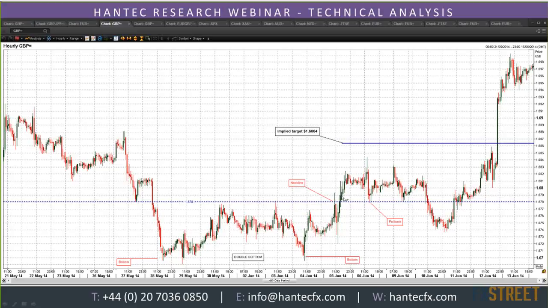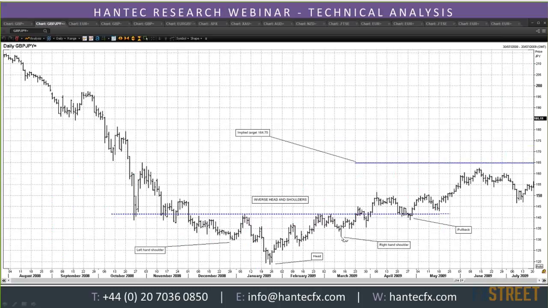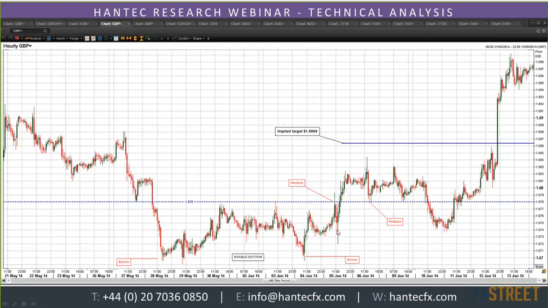But in terms of your head and shoulders pattern, it wouldn't get aborted until a move below your right-hand shoulder. On the double tops and double bottoms, you actually measure half the pattern. So this one only just held on to the pattern configuration before actually hitting the target.